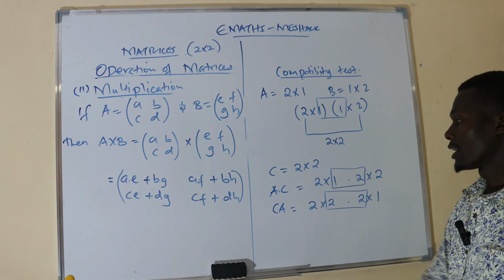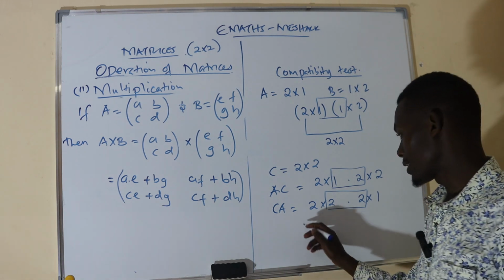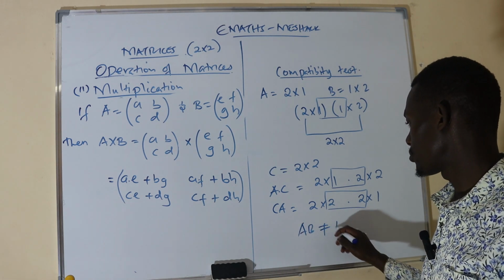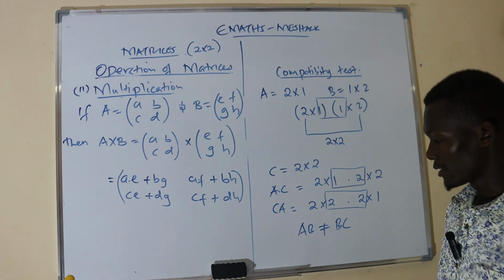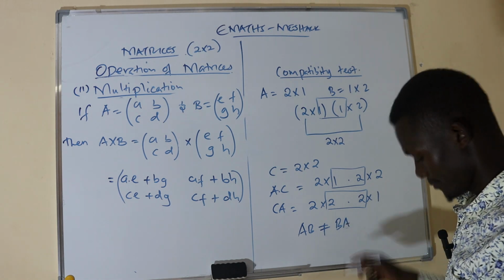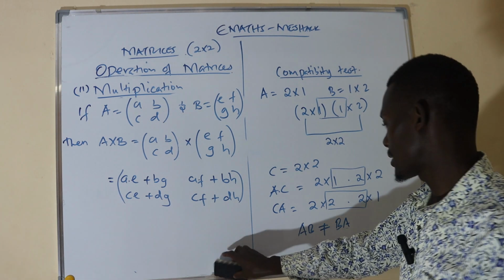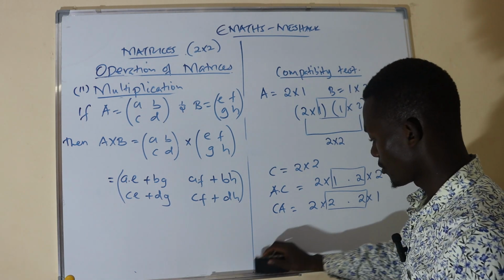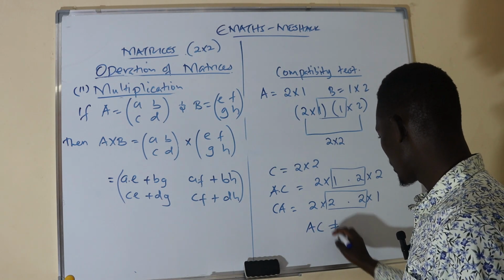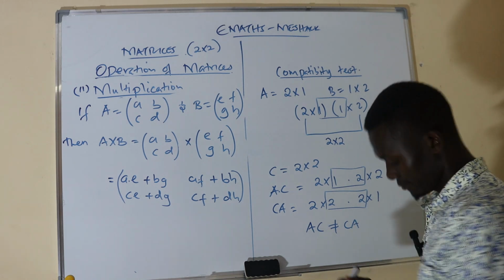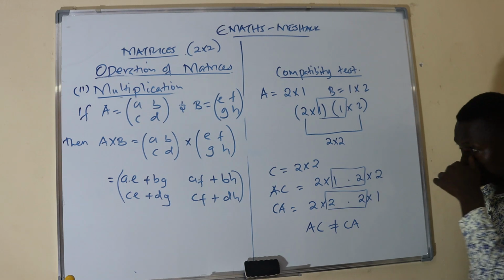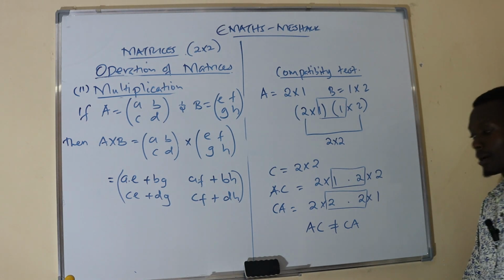That is to say, multiplying a matrix AB is not the same as multiplying BA. From the example that we have just used, AC is not the same as CA. There's a way you can interchange your matrices and the outcomes are not the same.